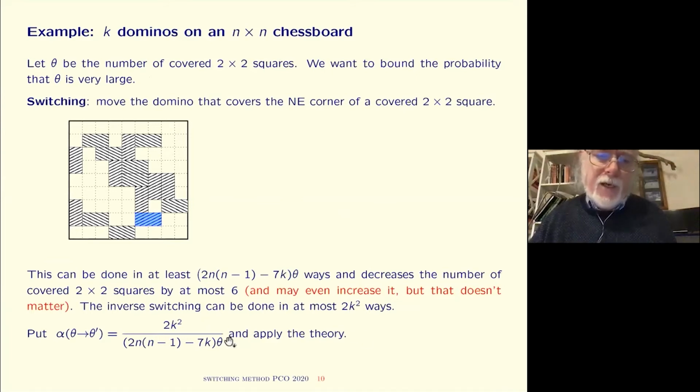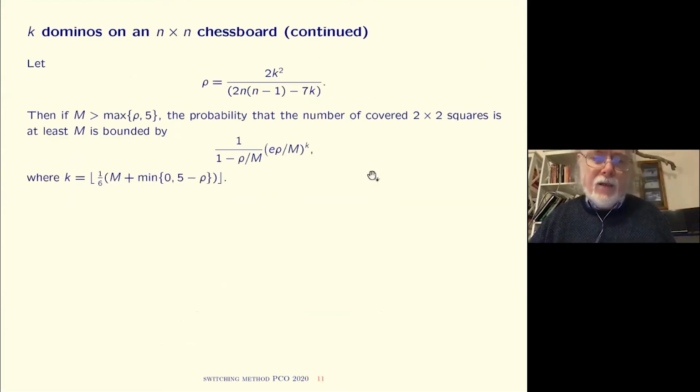So you now have the ratio of two things is the value of alpha, and you apply the theory and you get this nice bound here on the probability of there being at least m 2 by 2 covered squares, as long as m is large enough, and has to be larger than 5, and it has to be larger than this expression here, which can be big if k is very large, but usually it's small.